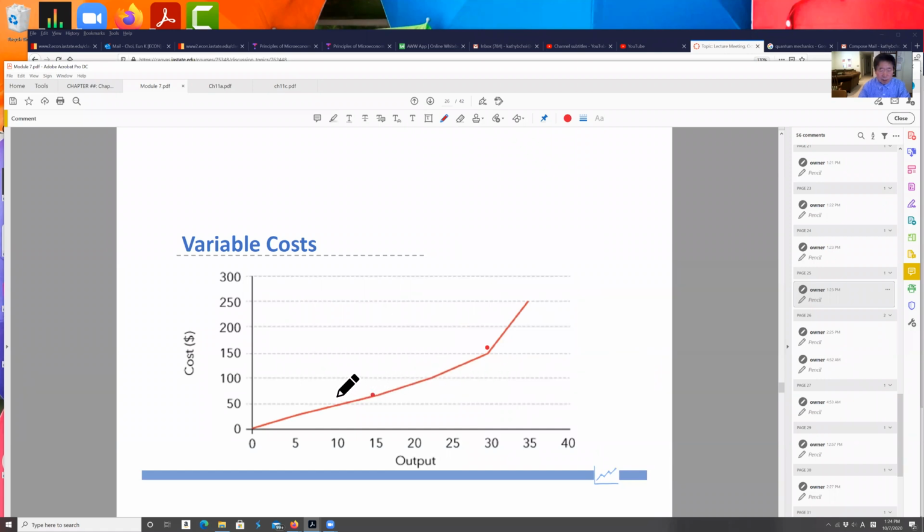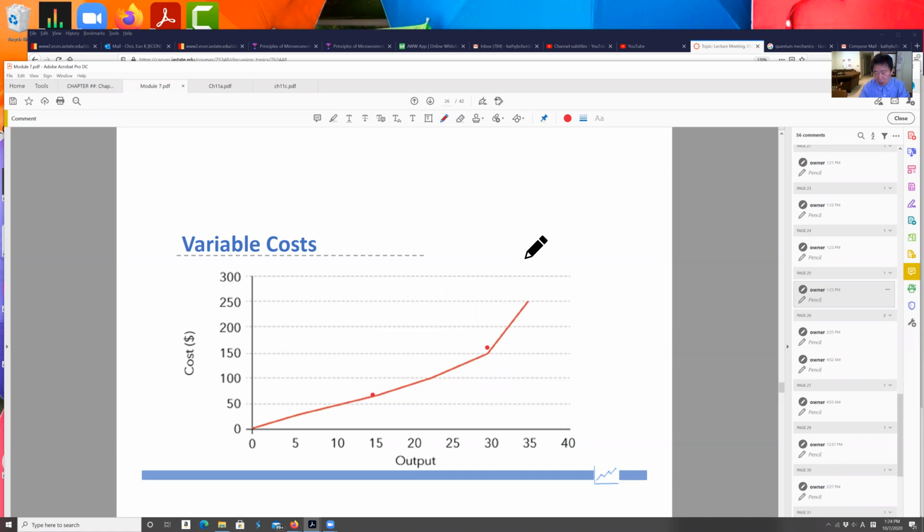So here is a typical discrete case. Variable cost is rising, okay? In the discrete case, it's not easy to detect its general shape. I will show you the continuous case later. At any rate, variable costs are rising as output increases, but eventually you hit a wall.